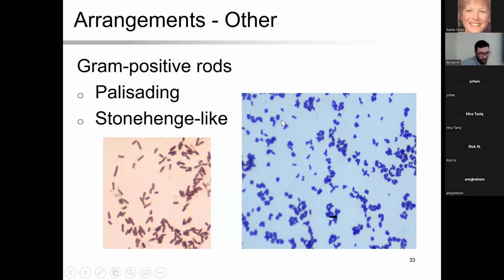So, gram-positive rods. These are our Corynebacterium, our diphthoids. You can see they're doing the palisading. They're stacked up on top of each other. These are Stonehenge-like. This one on the left, some palisades there.